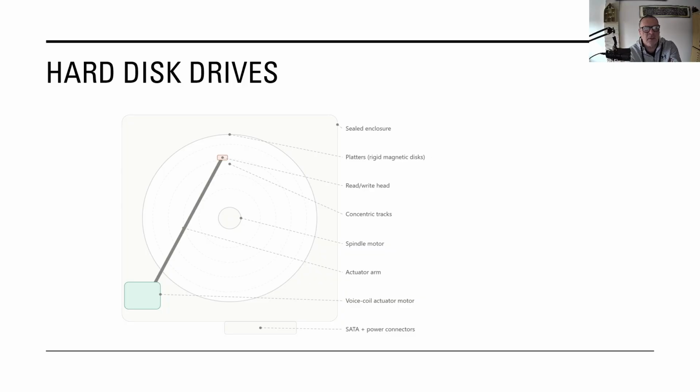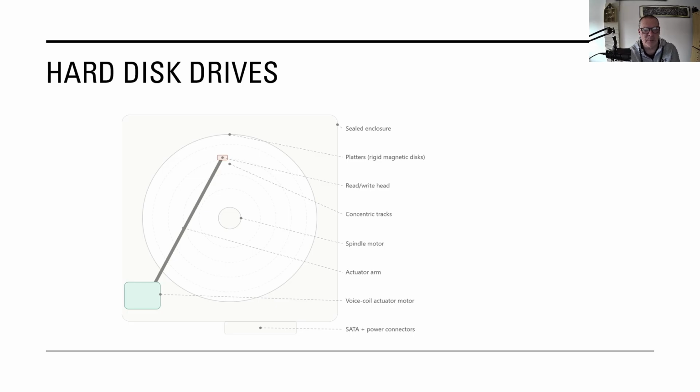So looking at hard disk a little bit more, the components you need to know about: the whole thing is sealed in an enclosure because you can't risk getting dust or particles inside the disk. There are platters, one or more platters. These are rigid disks, and they're coated in a magnetic material, a ferrous material. There's the read-write head that can move around according to how the actuator arm moves.